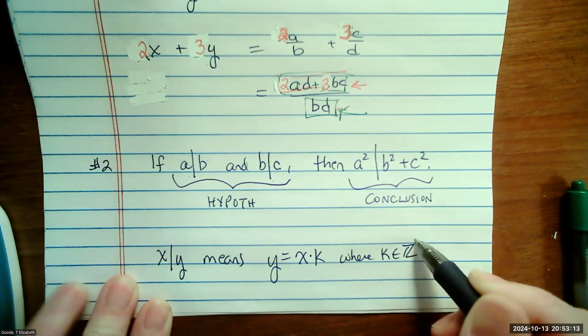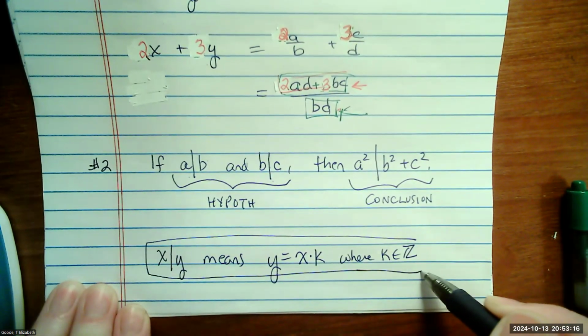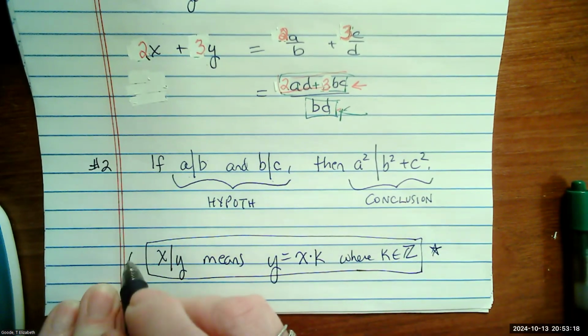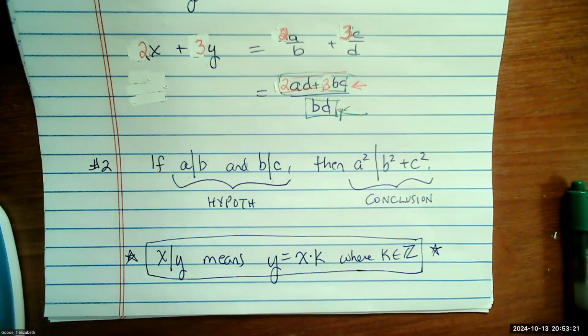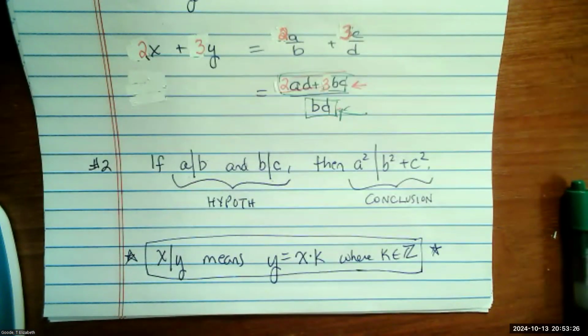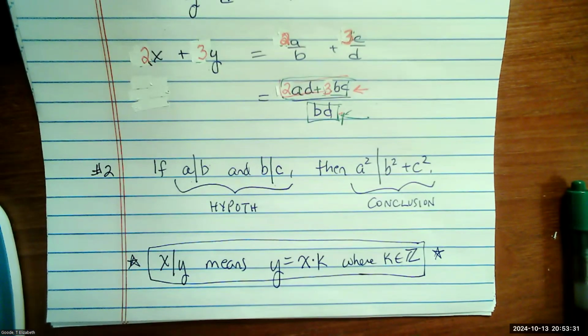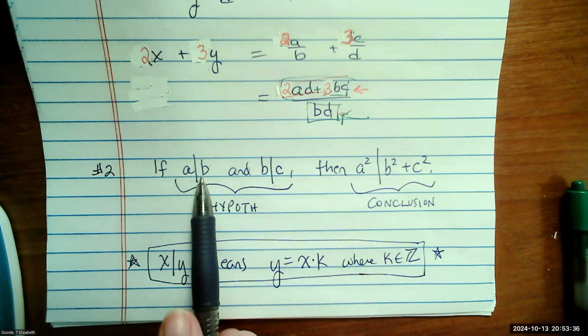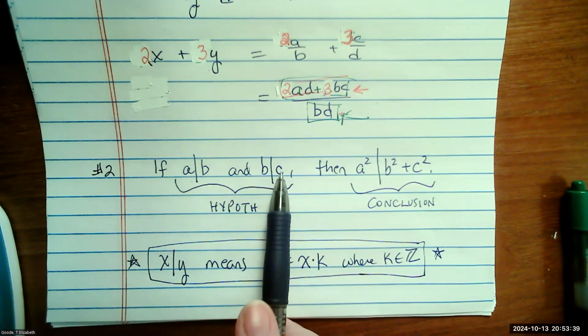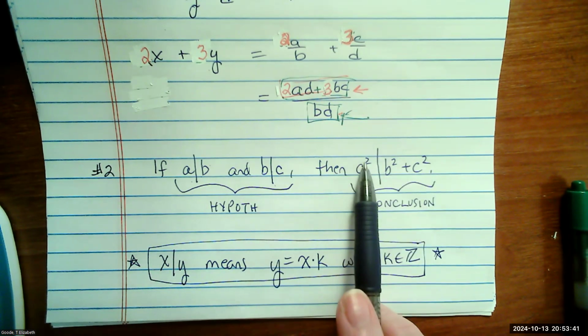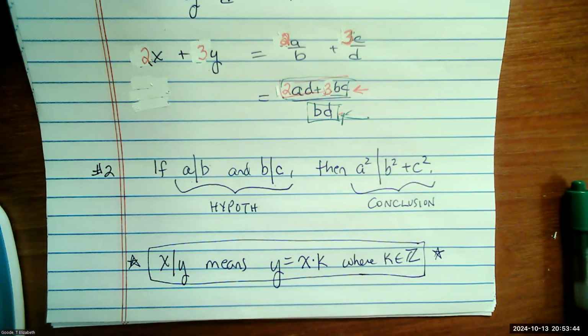That's the definition that you've got to be using. Like I said, in the class notes, we did a bunch of these. We did one where it was A divides B and B divides C. And we also did one that had some powers. So you should be able to put the pieces together from the example shown in class.